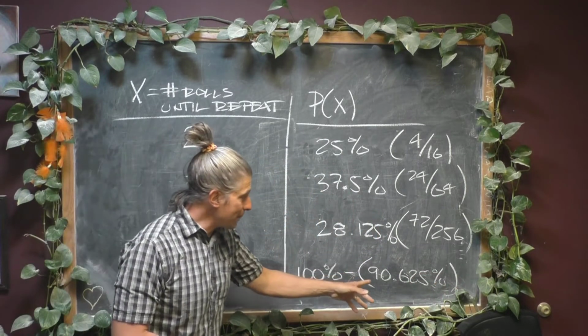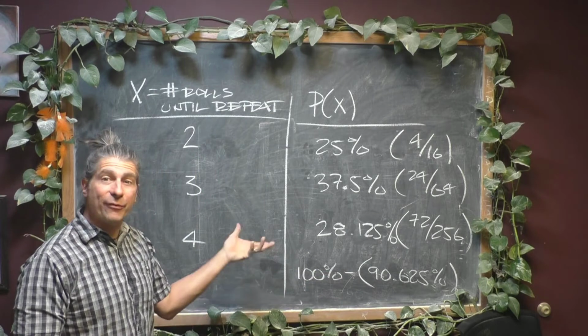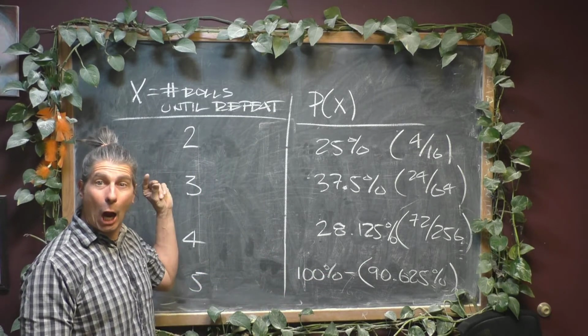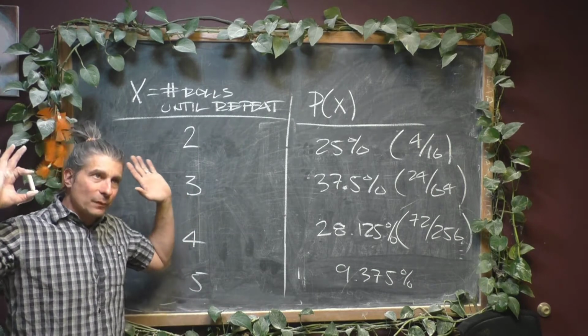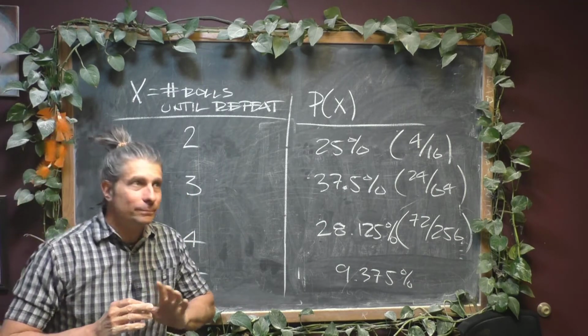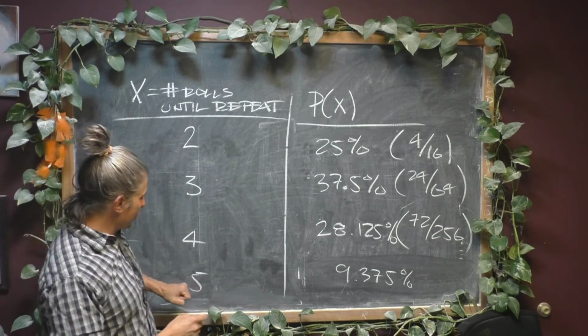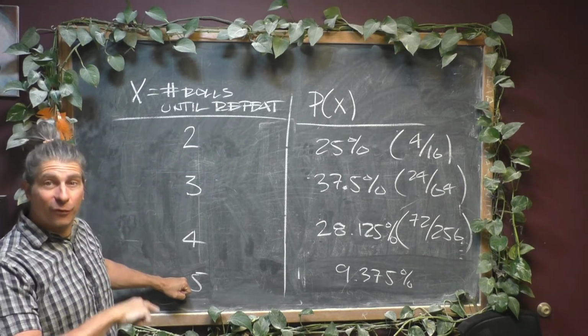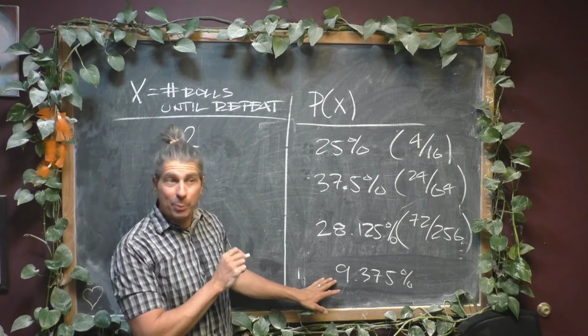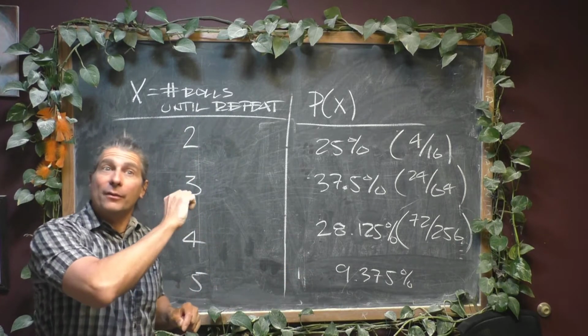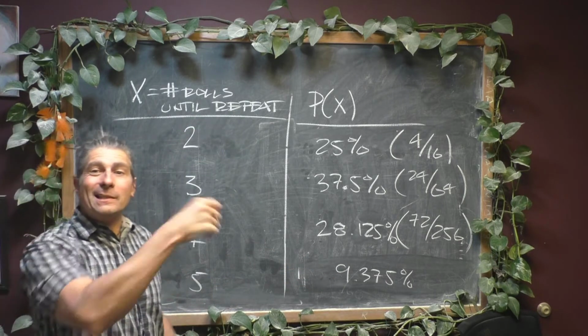And if I take 90.625% away from that 100%, I get 9.375%. Now, for those of you that want to know how to do this using the fractions, in other words, how to get 9.375% multiplying 5 fractions together, watch the next video.